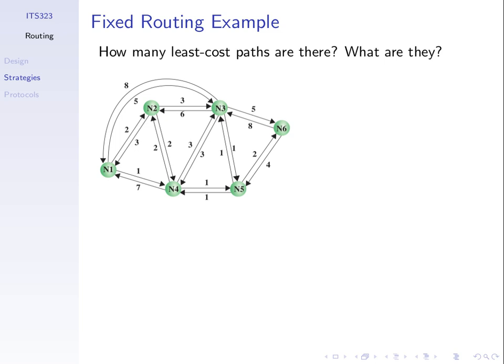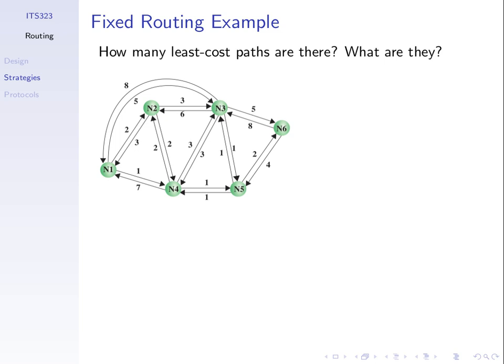So you can check the others. I'll just write 6, 5, 4, 2, 1, and it's a cost of, what do we say, 10, I think. Okay, we have that path.